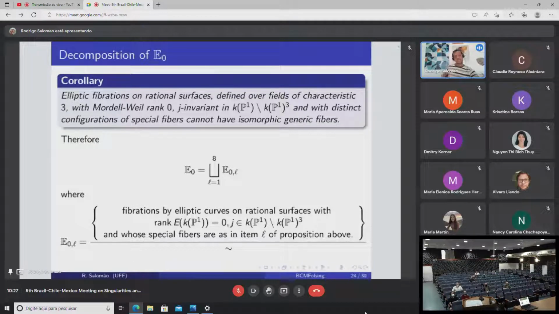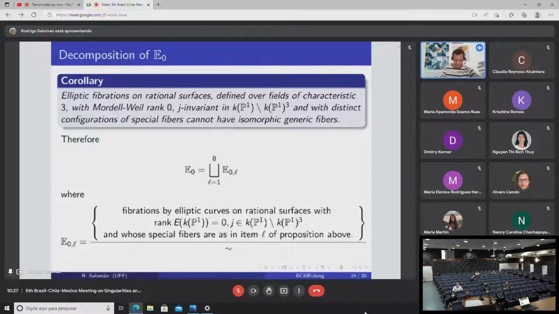This is the set of equivalence classes of fibrations by elliptic curves on rational surfaces with Mordell rank 0, J invariant not a cubic power, and whose special fibers are like in item L of the previous theorem.